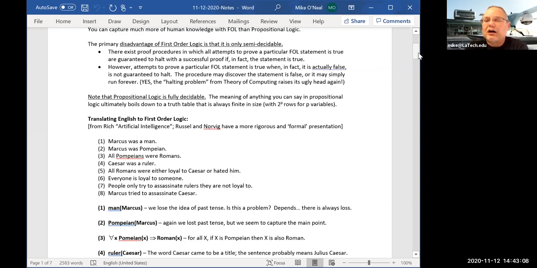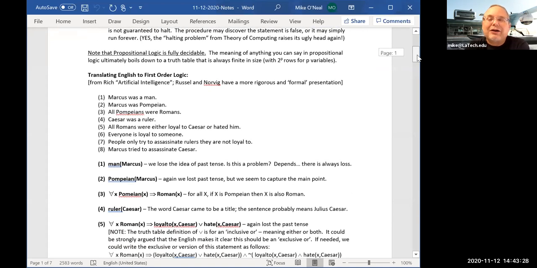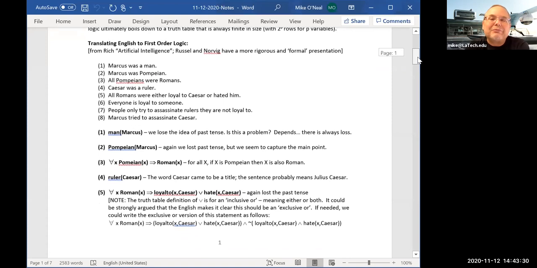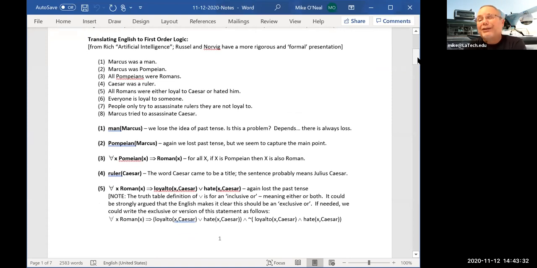One of them may get stuck, but since there's only two outcomes, either true or false, I can just run both of them, and one of them will be guaranteed to halt, at least one. And when that happens, I can terminate the other process, and everybody's happy. That's not usually said, but I figured I'd go ahead and say it because it is actually, from an implementation point of view, extremely important, obviously. Okay.